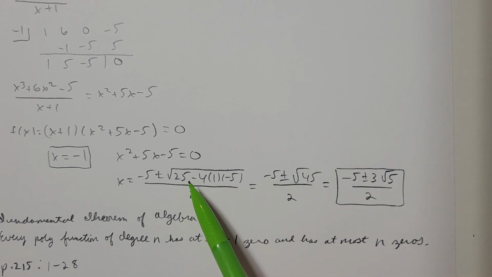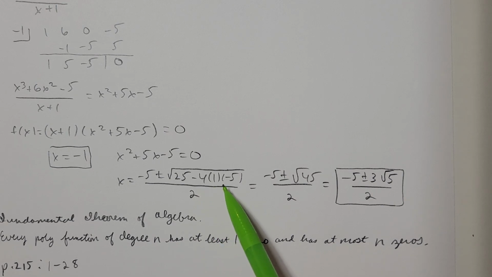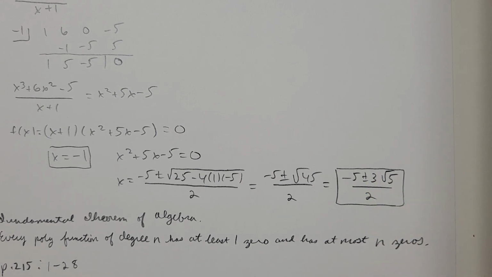Okay, 25 plus 20 would be 45. And root 45, that breaks down as 3 root 5. Okay, so here's my other 2 answers. -5 plus or minus 3 root 5 all over 2.